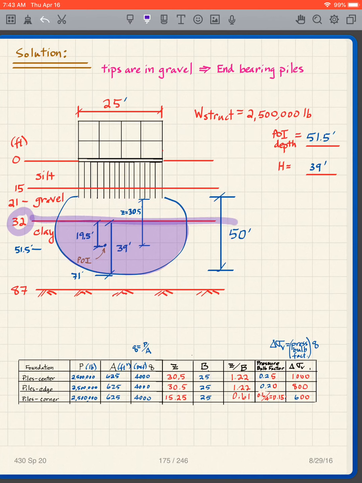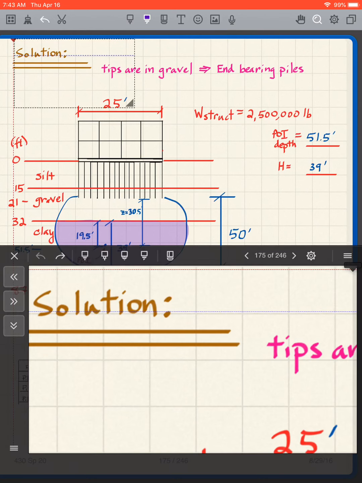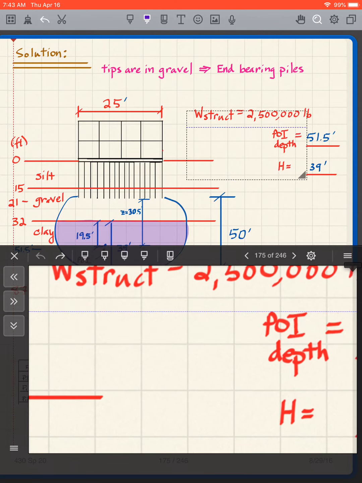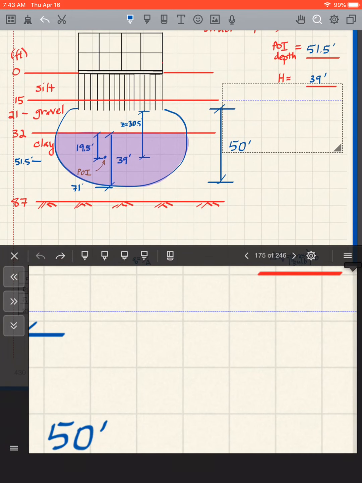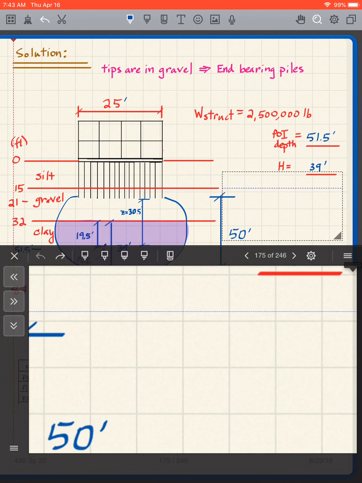So again, we can find our point of interest depth. I'll write it out this way: 71 plus 32 over 2 is going to give us the point of interest.